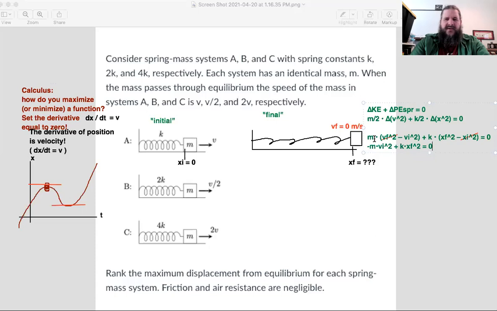And we're ultimately trying to solve for x final. So I'm just going to add the m v initial squared term to both sides. So we get k times x final squared equals mass times v initial squared. And then what else do we want to do to solve for the final displacement, the final x value?